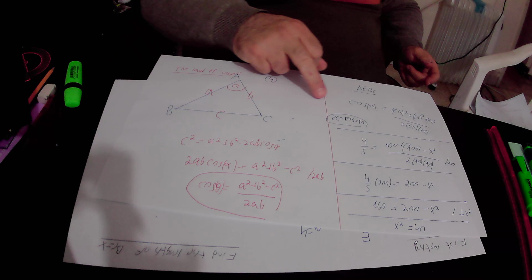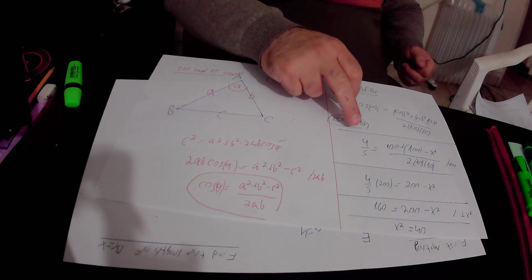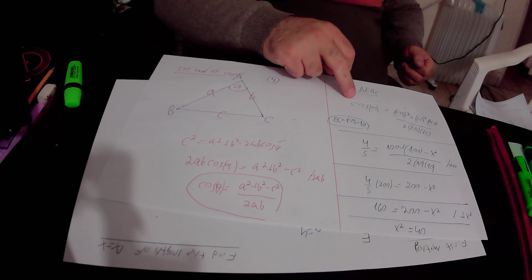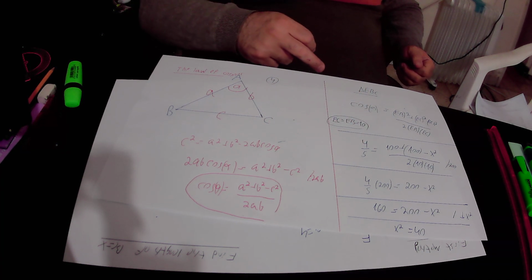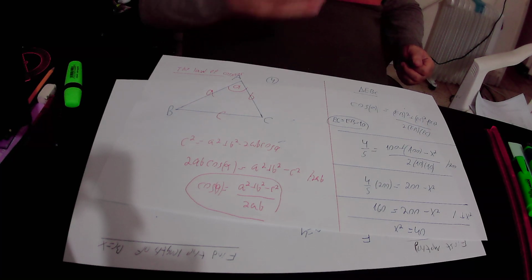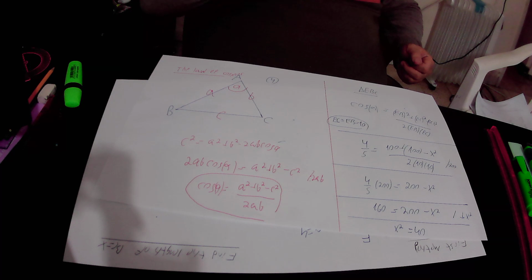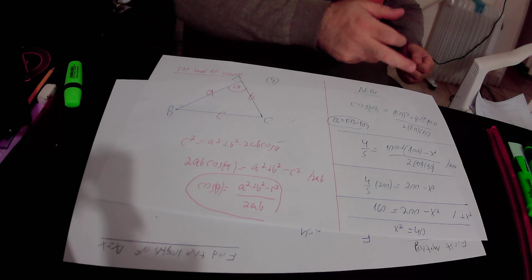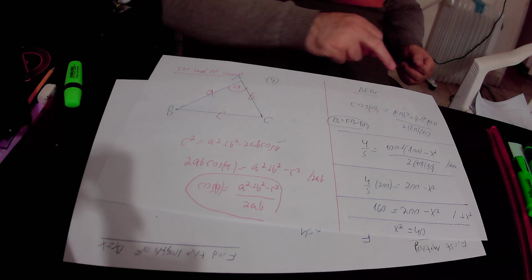We know that EB equals EC equals 10 units, and cosine alpha equals 4 over 5. So we substituted cosine alpha by 4 over 5, and EB squared is 10 squared, that is 100. EC squared is also 10 squared, that is also 100, minus BC squared.